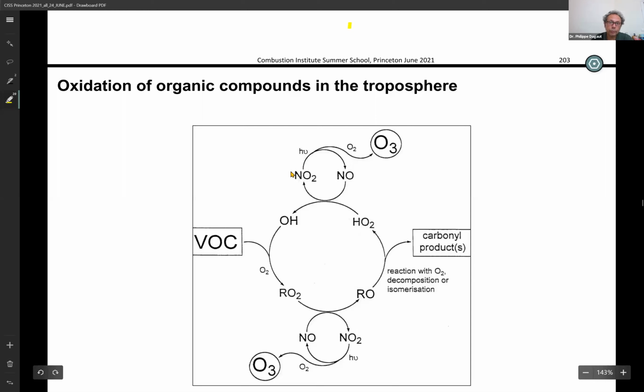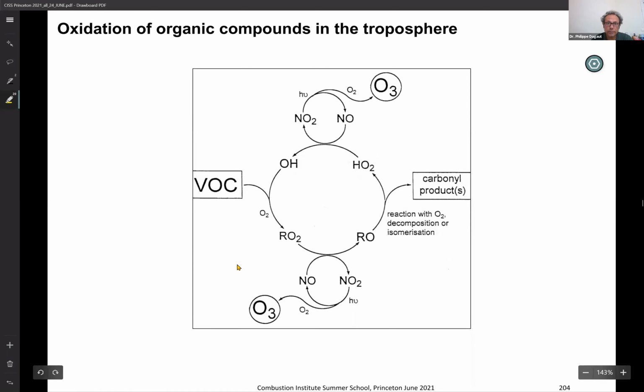NO2 is photolyzed by sunlight, producing an oxygen atom, which reacts with oxygen to produce ozone. This ozone is responsible for oxidation in the atmosphere. As we saw on this table, it will react with unsaturated species and oxidize them.